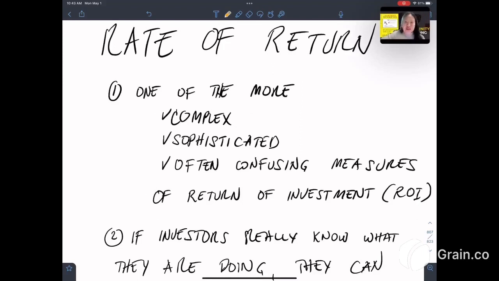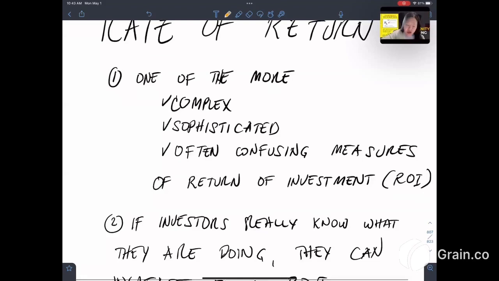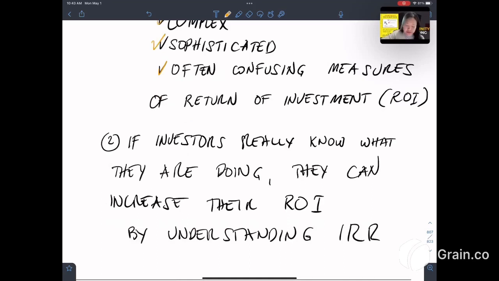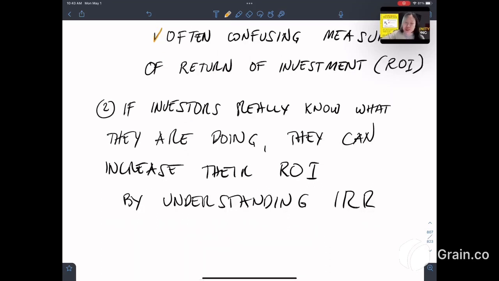First, internal rate of return, or IRR, is one of the more complex, sophisticated, and often confusing measures of return on investment, or ROI. Second, if investors really know what they are doing, they can increase their ROI, or return on investment, by understanding the IRR, or internal rate of return.